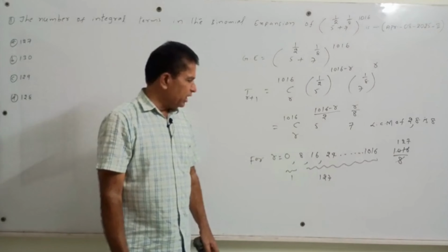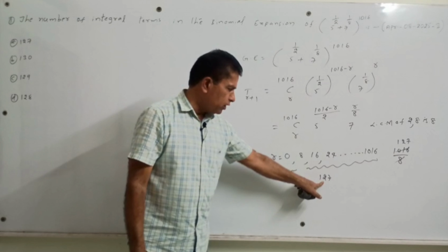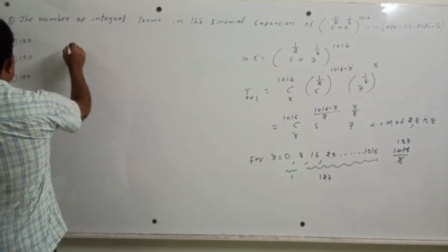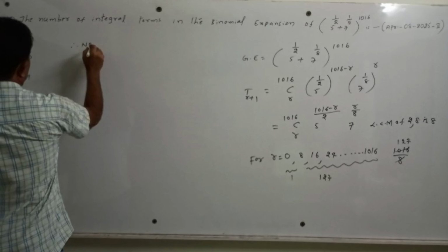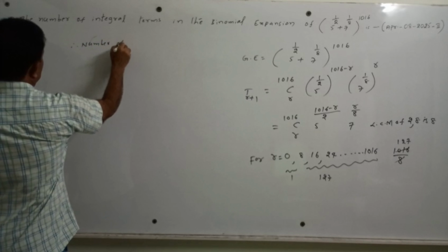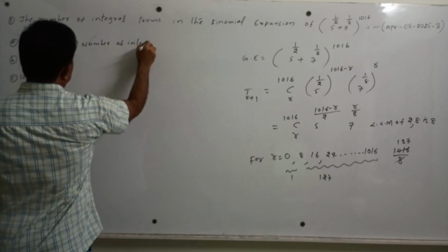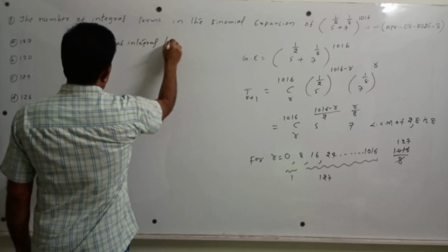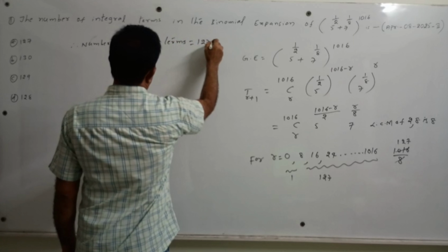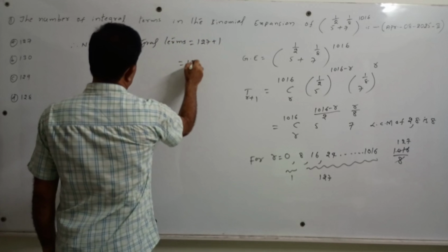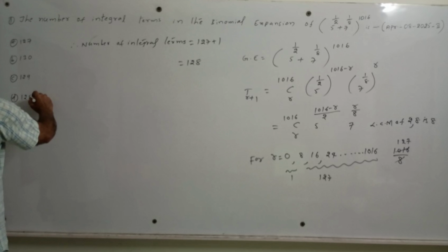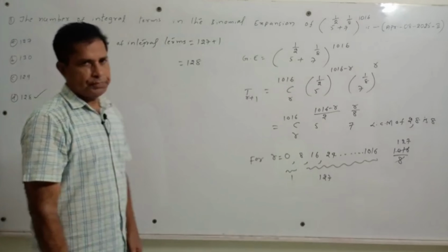So the number of integral terms is 127 plus 1, that becomes 128. Therefore I can say option D is the correct option.